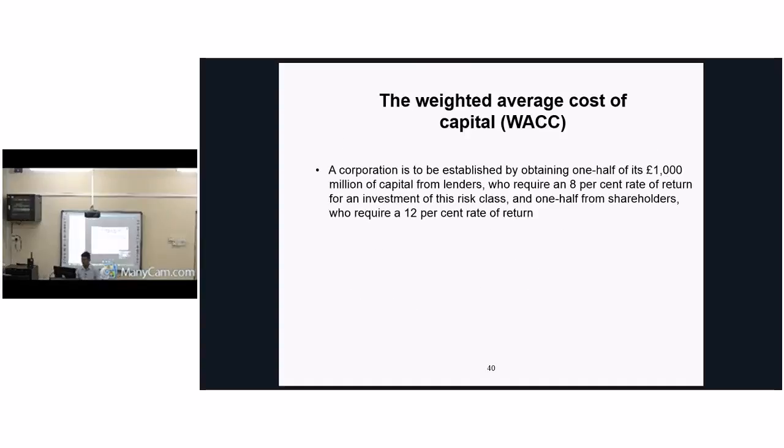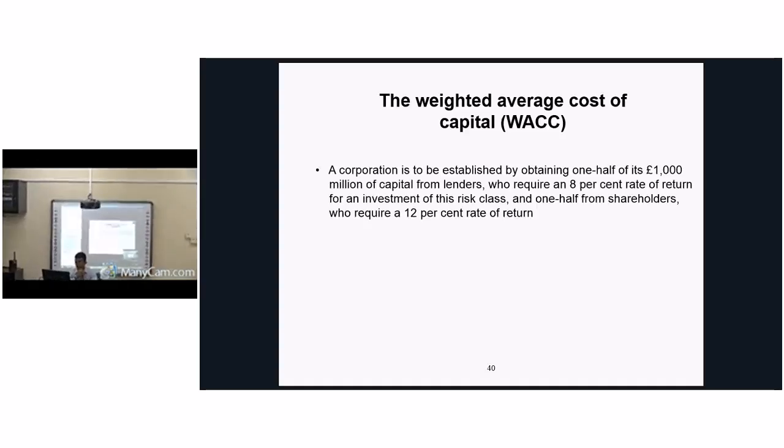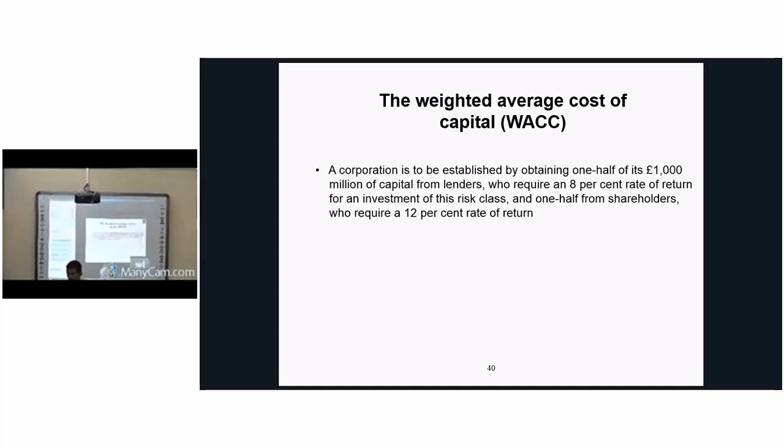Right, so let's quickly look at this particular question. What we need to do is calculate the weighted average cost of capital. Quickly do that. The corporation is to be established by obtaining one half of its £1,000 million of capital from lenders who require an 8% rate of return on investment, and for the other half they request a 12% rate of return.